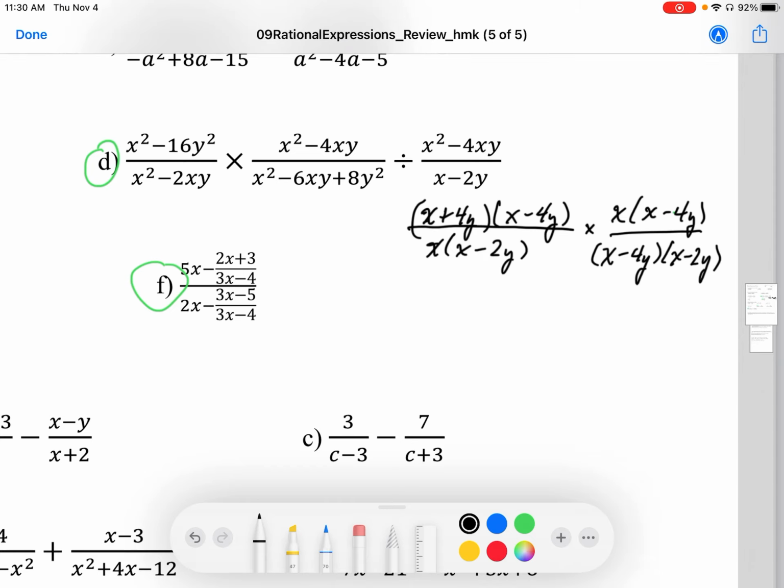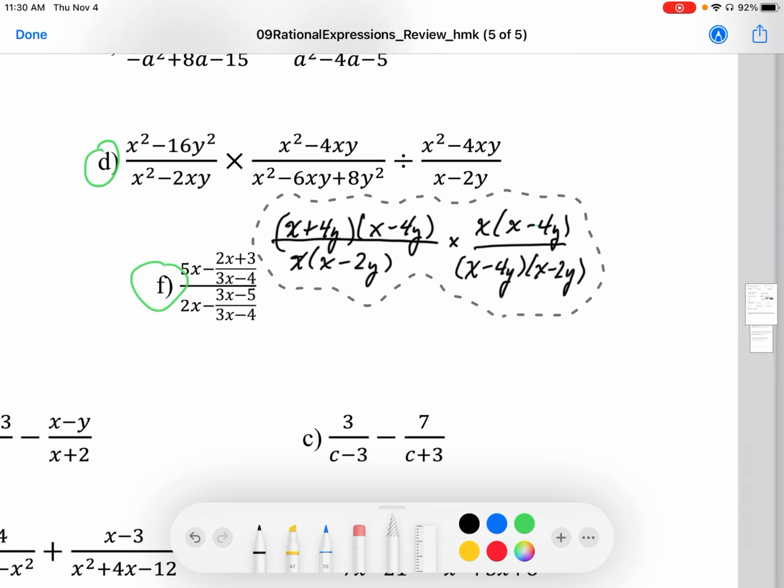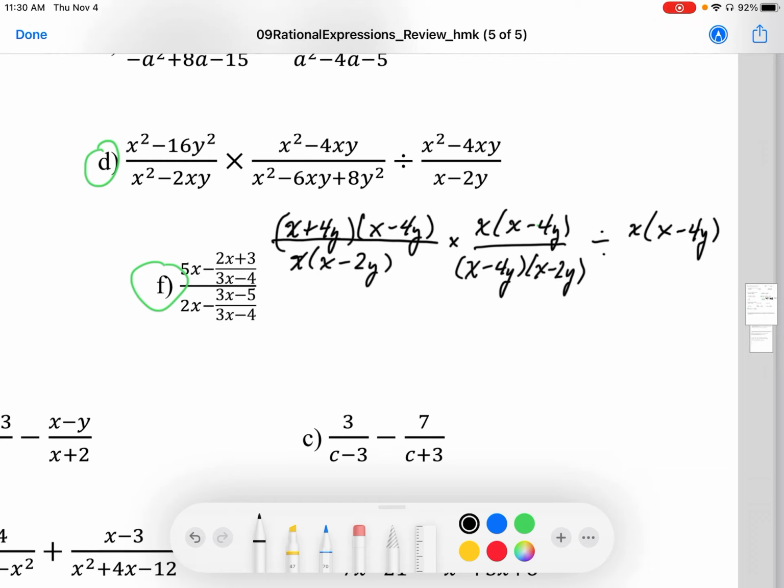I need to fit that divide in there, so I'm just going to move this over. Then we're going to have divide, and we're going to have x times x minus 4y and x minus 2y.